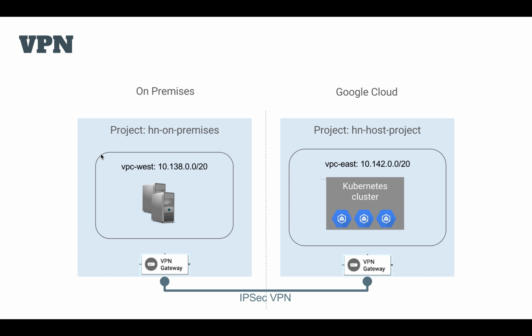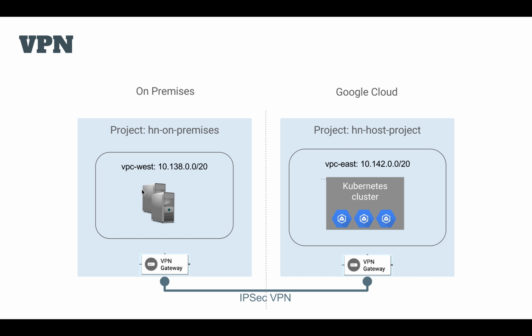In my on-premises environment, I have a subnet of 10.138.0.0/20, and in my cloud environment, I have a VPC called VPC East, which is 10.142.0.0/20, and I have a Kubernetes cluster running inside that subnet.